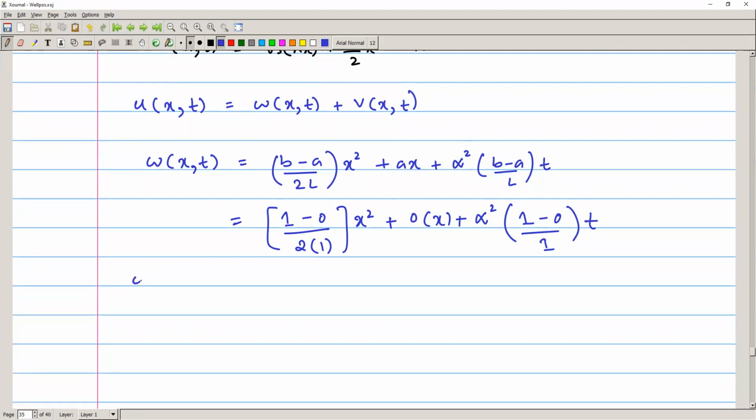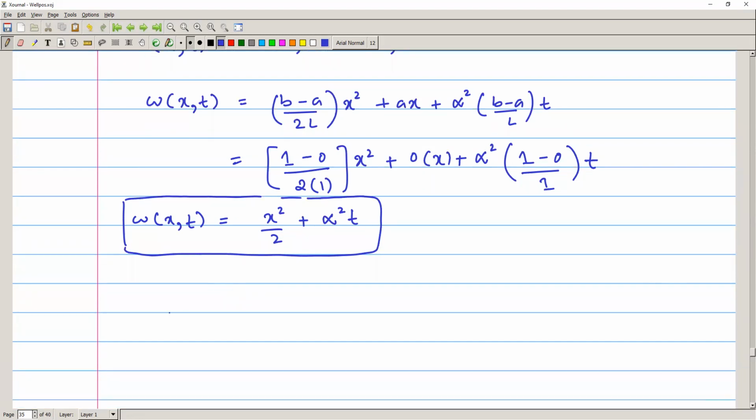So now w(x, t) is equal to x squared over 2 plus alpha squared t. So this is w(x, t).